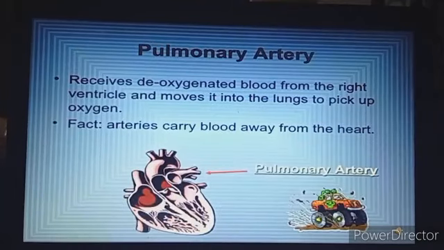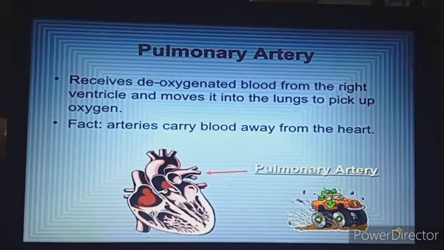Then, the pulmonary artery receives the deoxygenated blood from the right ventricle and moves it into the lungs to pick up oxygen and give off the carbon dioxide present in the blood. The fact about arteries is that arteries carry blood away from the heart.